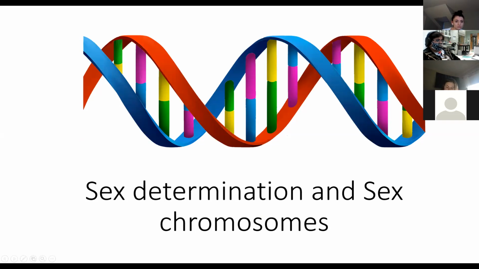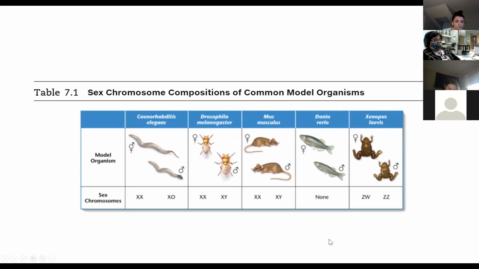So the next topic we're going to cover is sex determination and sex chromosomes. One of the first things we look into is the sex chromosome compositions themselves. So obviously we have 2 X's, and an X and a Y for humans.